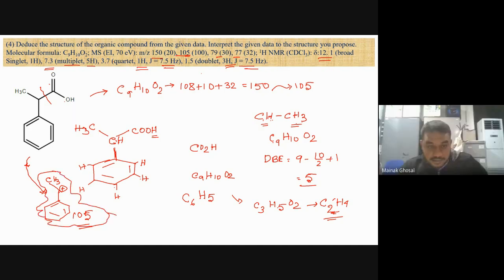That is the same thing I told you in the last or second last question: if you have a benzylic cation, there is a high chance of rearrangement, and it will form a cyclic tropylium cation. So here this will now be CH3.